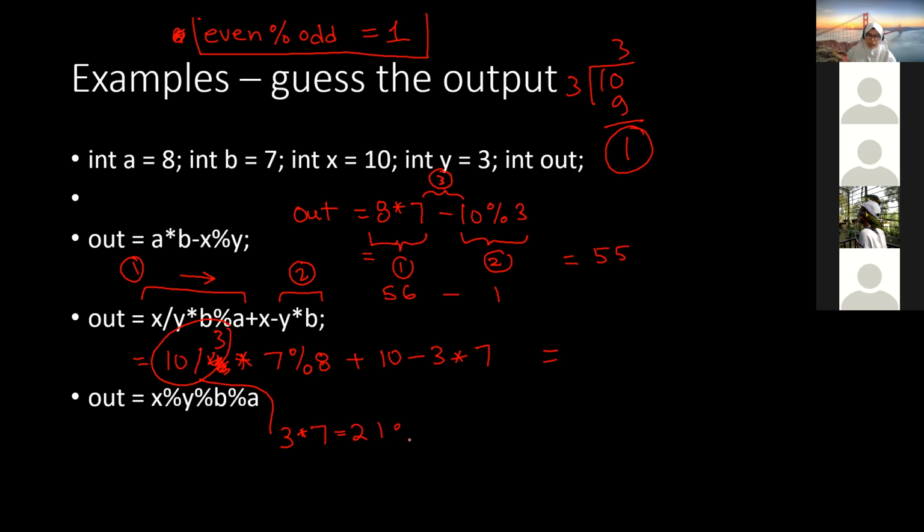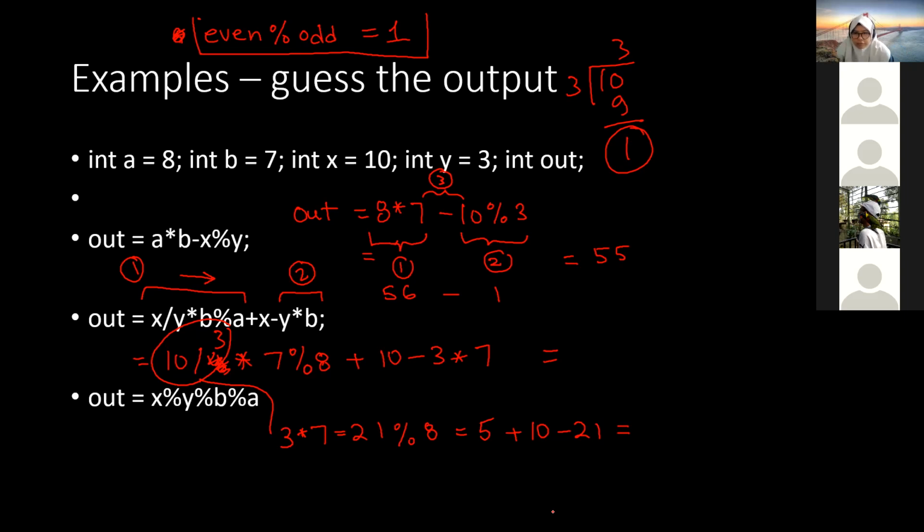21 modulus 8 equals what? 5. You can calculate it yourself, I won't check. Then plus 10 minus 21. So 15 minus 21 is minus 6.